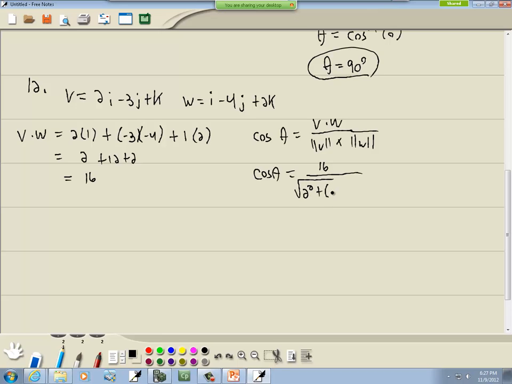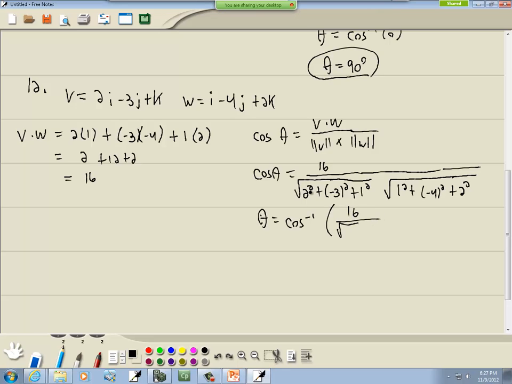So we got 2 squared plus negative 3 squared plus 1 squared, times the square root of W, which is 1 squared plus negative 4 squared plus 2 squared. So that gives us 16 over the square root of 2 squared is 4, 3 squared is 9, 1 squared is 1. So 9 plus 1 is 10, 14. Then the square root of 16 plus 4 is 20, plus 1 is 21.